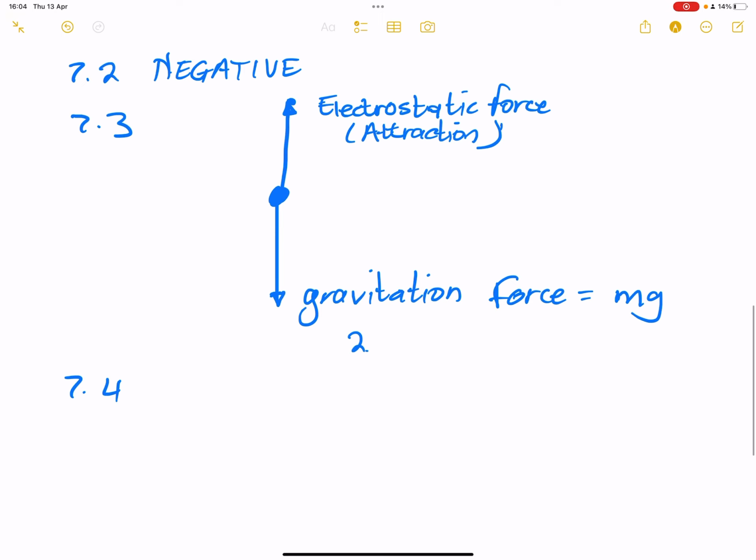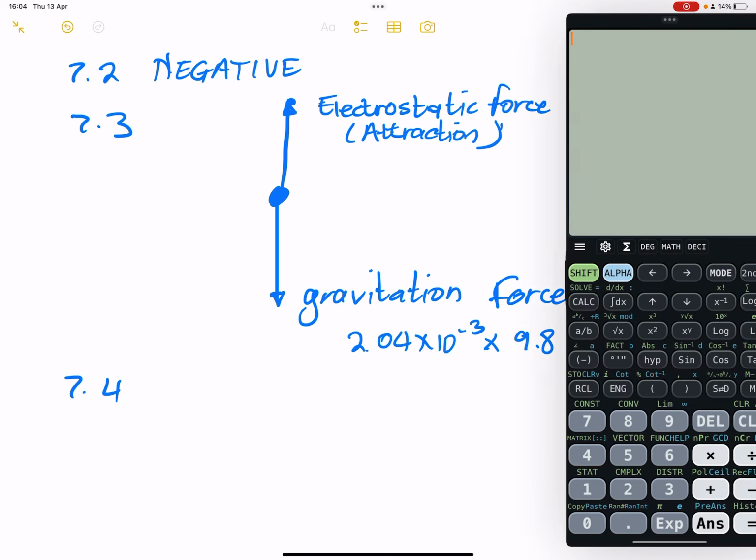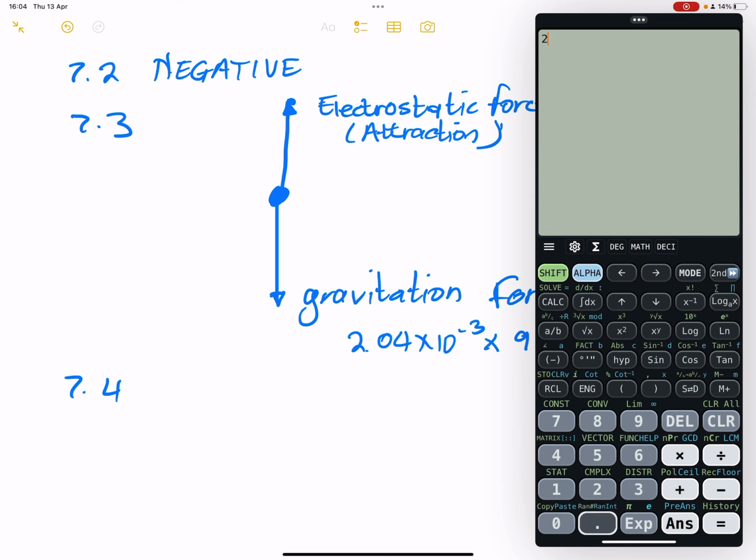So that's 2.04 times 10 exponent negative 3 multiplied by 9.8, and we get that value there. That's 0.019, so I can actually say 0.02, isn't it?